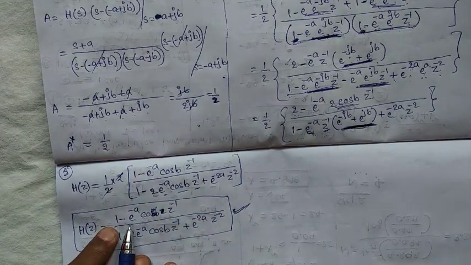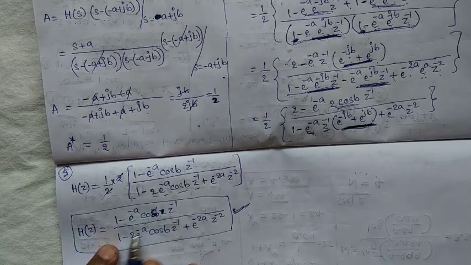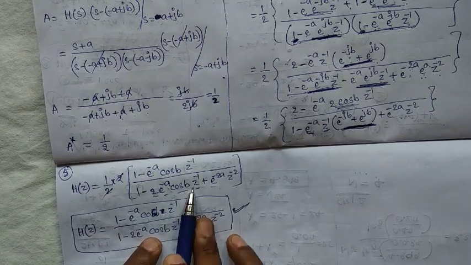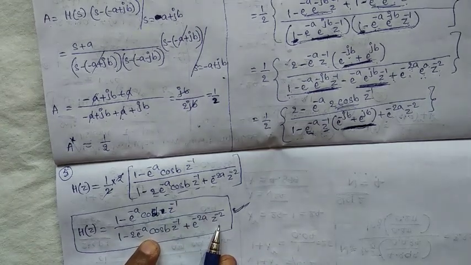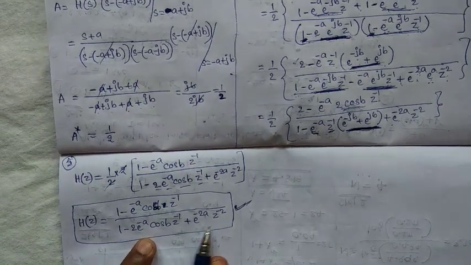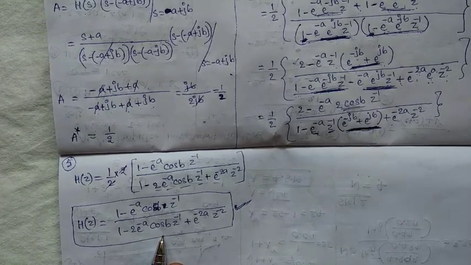H of z is equal to 1 minus e power minus a cos b z power minus 1 by 1 minus 2 e power minus a cos b z power minus 1 plus e power minus 2a z power minus 2. Here this is the transfer function of the digital filter using the impulse invariance method.